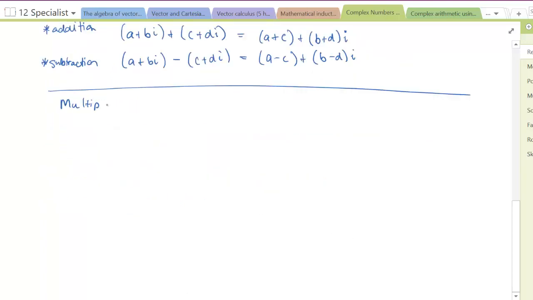Multiplying by scalars is again very simple, and it's just going to be an expansion. So if we have n multiplied by a plus bi, the n being a scalar value, we'll end up with na and nbi. So that value is just multiplied by each of the individual complex number components.